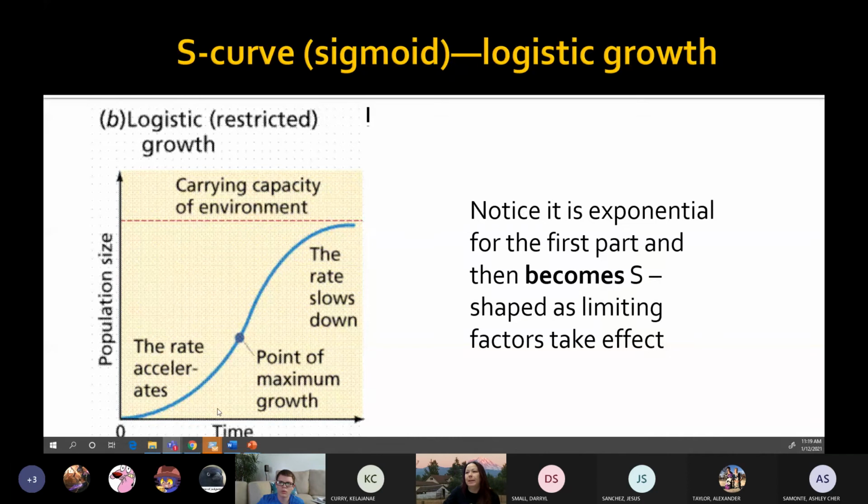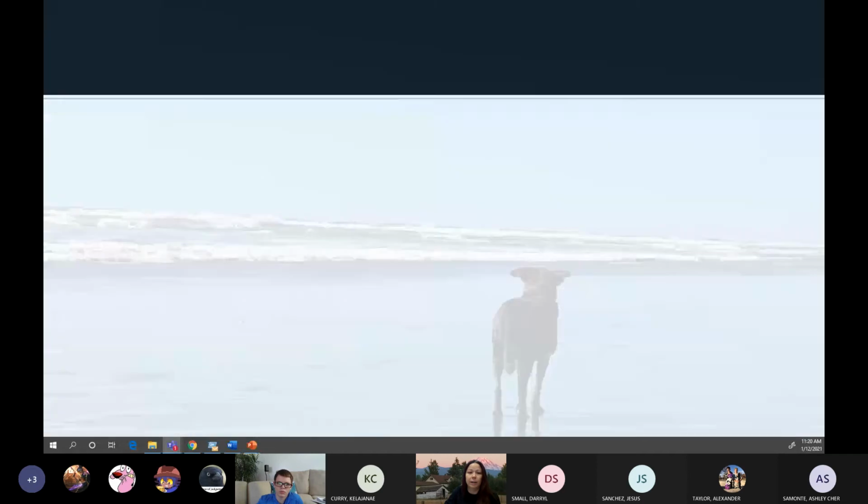You do have a little bit of exponential growth down here at the initial start of the species, and then eventually that rate starts to slow down. That is when those limiting factors start taking effect.